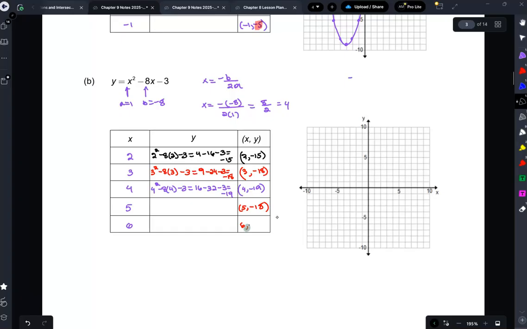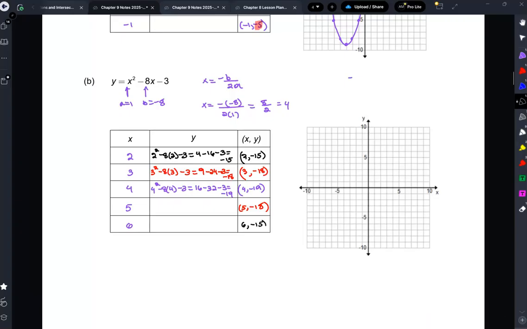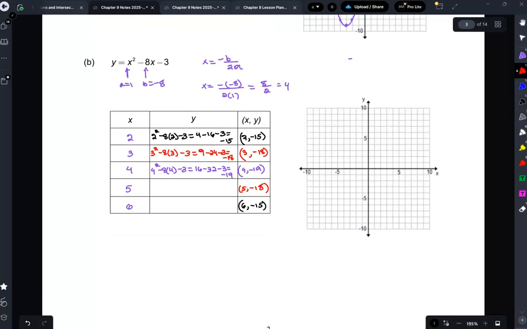Okay. So go ahead and graph this. Yes, we can. We're going to modify it. Look at what we're going to do. Instead of going up by 1s, we're going to go up by 2s. So I'm going to make this one a 10, this one a 20, this one a negative 10, negative 20. You know why? Because I can. So I always put the vertex first. 4 and negative 19.